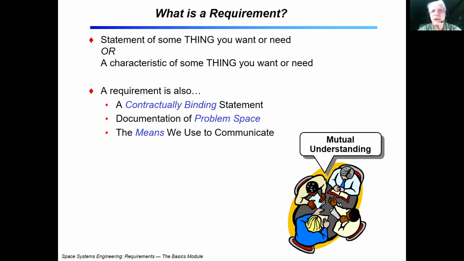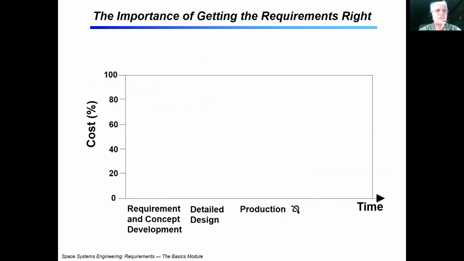It's a binding contract statement of what is needed or wanted. It is a documentation of the issue or the problem space. And it is something that is used to communicate, so that there's mutual understanding between all parties as to how that project is to proceed forward.